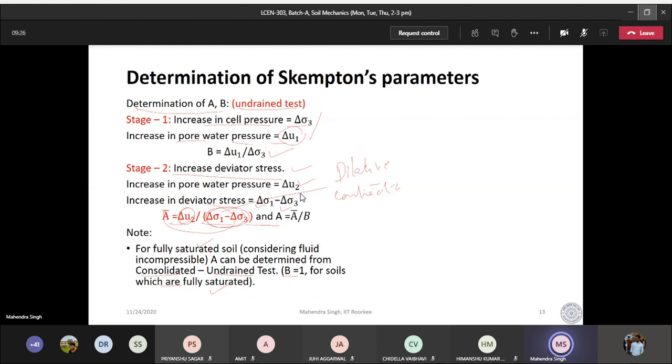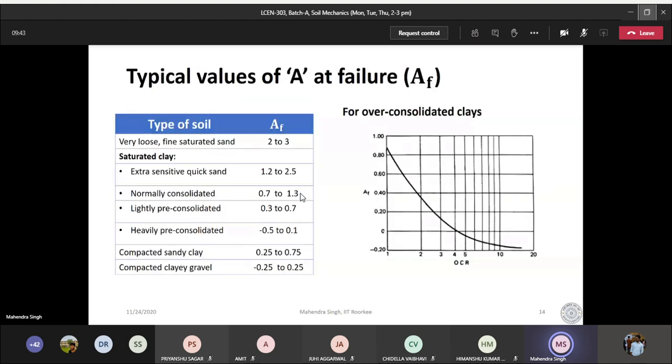If it is trying to dilate under undrained condition, it will try to suck water, but water is not coming because it is undrained, so you are going to have negative pore pressure. So this A value may be negative as well as positive. These are some typical values. We don't expect you to remember or mug up these values, just to have the idea.